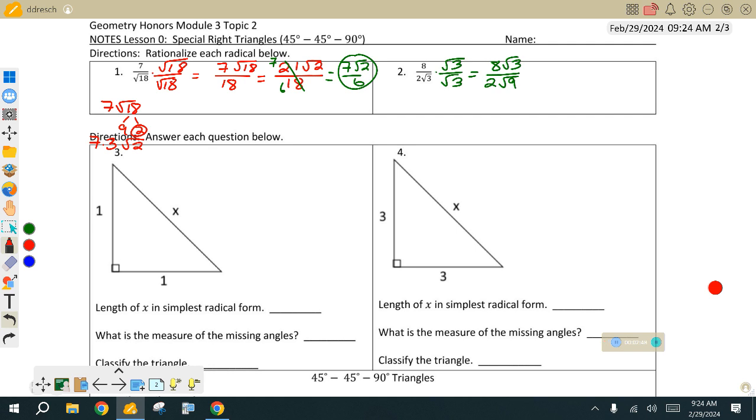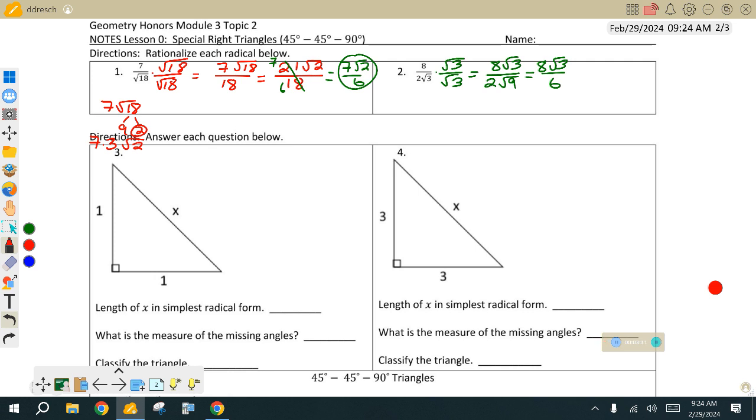Make sure you multiply. 2 square root of 9. Perfect square. There's that 9. Square root of 9 is 3. 2 times 3 right here makes it 6. Can you take that 8 square root of 3 off to the side and simplify it? No. So we bring it back over. And again, one more time, once you think you're done, check yourself.